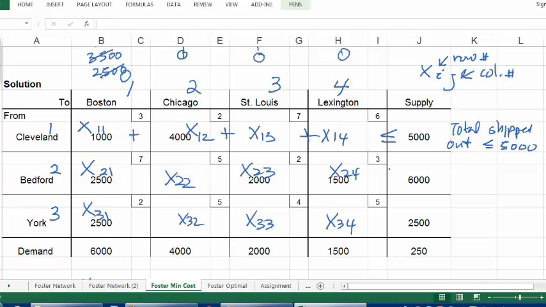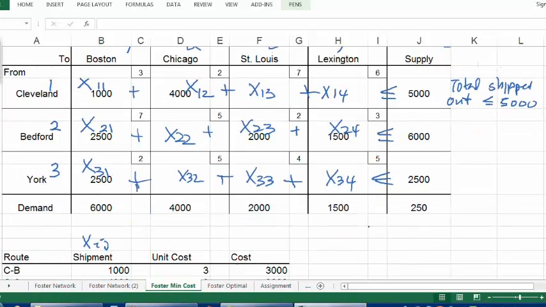Okay, so if you add up all the variables for each row, that's the total amount shipped out from wherever you are, and that should be less than or equal to the supply. And then we also need, for each column, the total received, or shipped into. The total received must be the demand. So you've got to receive all that you demand. Boston needs to get 6,000, for instance.